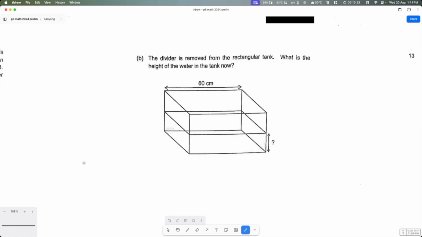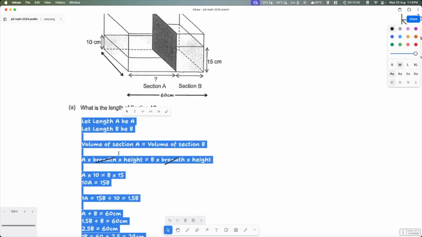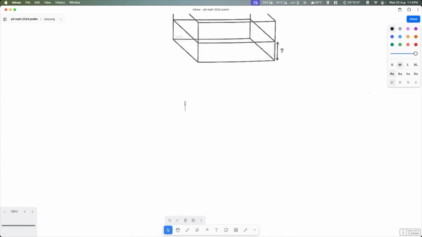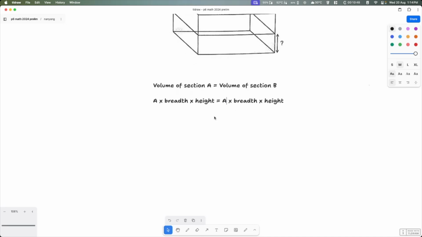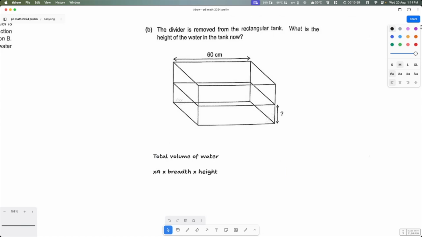If we refer back to our workings, the volume of section A is A times breadth times height. So the total volume of water is just two times the volume of section A.